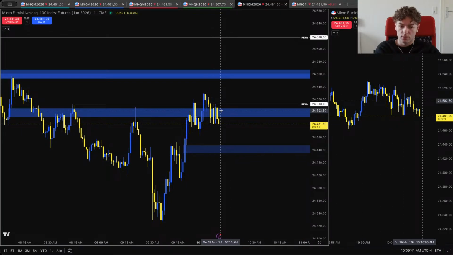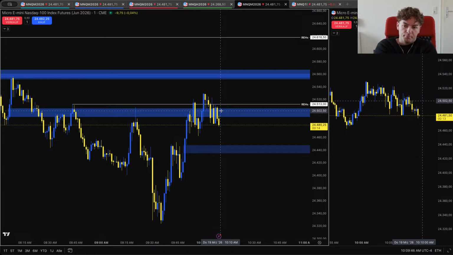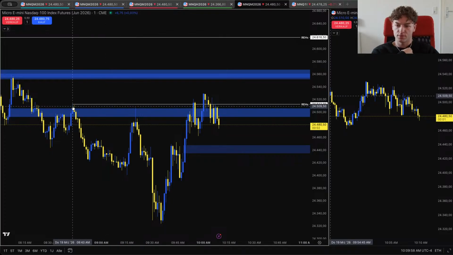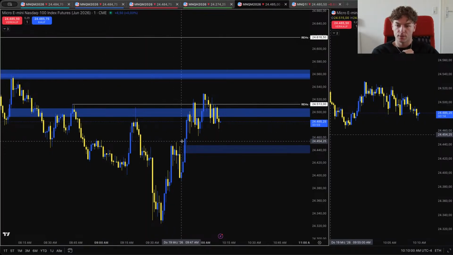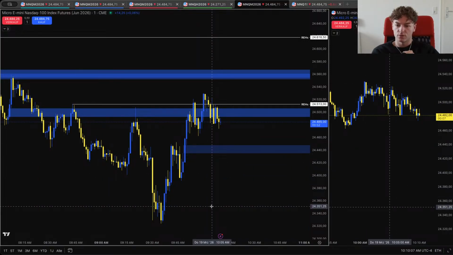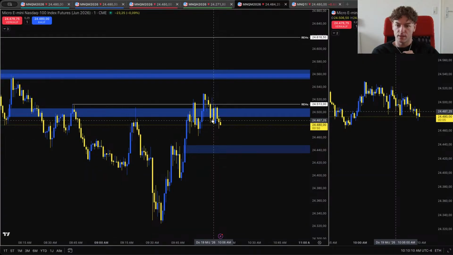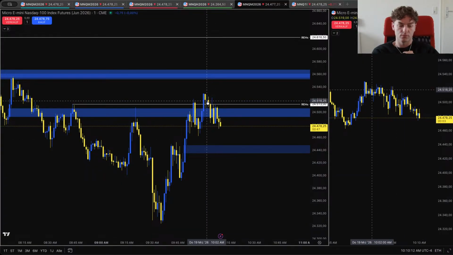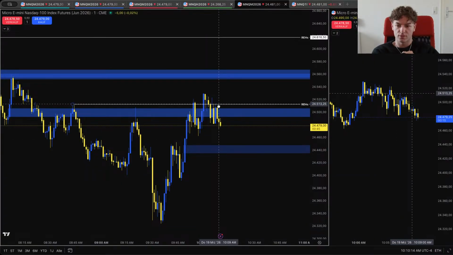So it's 10:09. I would have preferred price to take out buy side once, maybe twice, but then see a real urgency to reach down for the sell side, and this doesn't look too urgent.